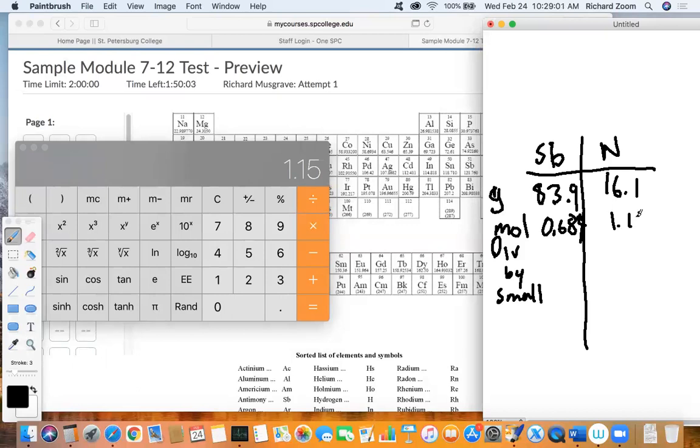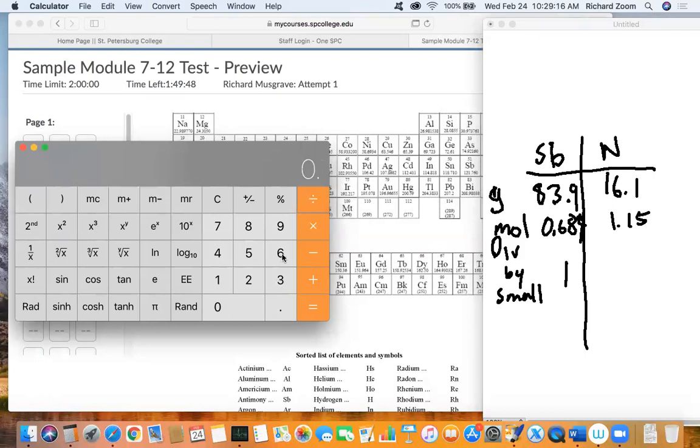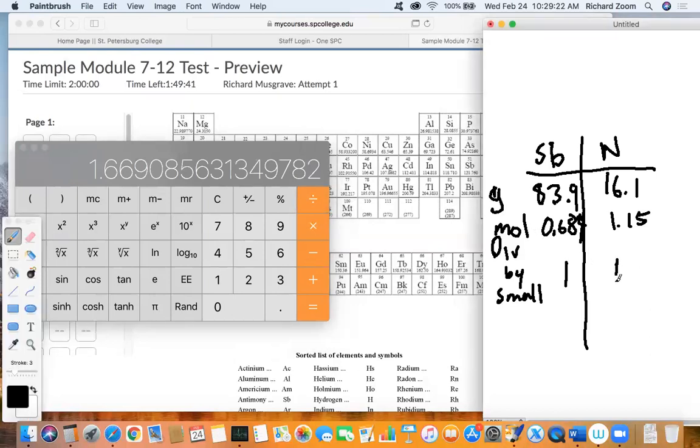So I can see the mole ratio right now is 0.689 to 1.15, which isn't that helpful to me. So I divide both through by the smallest, which means 0.689 divided by 0.689 is 1. Then 1.15 divided by 0.689 is going to be 1.67. Now remember that my aim here is to get these into whole numbers, which I don't have right now.